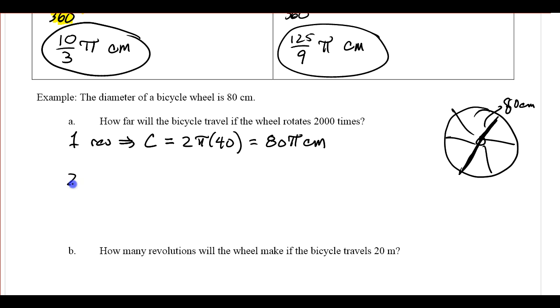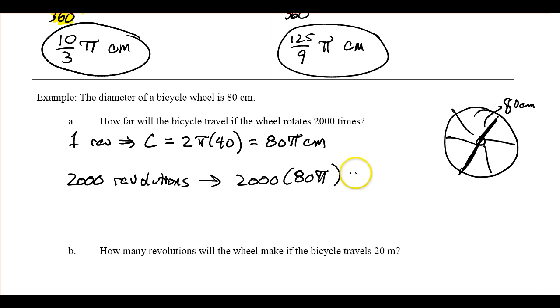So that would mean that 2,000 revolutions, that would be 2,000 times 80 pi centimeters, which gives us 160,000 pi centimeters.